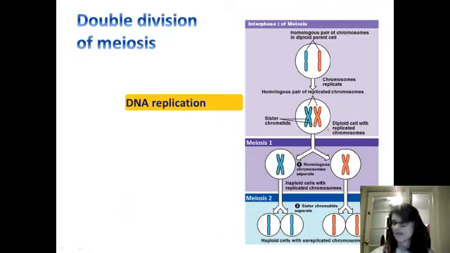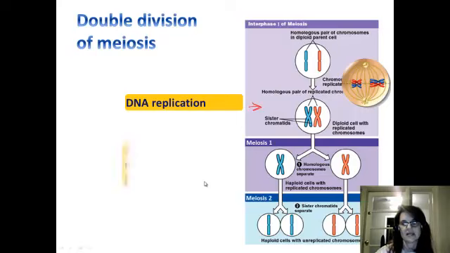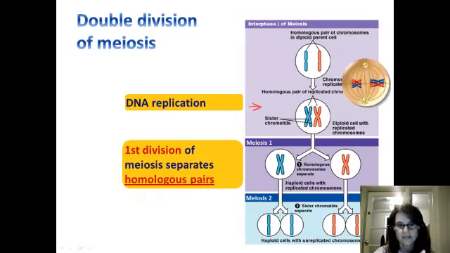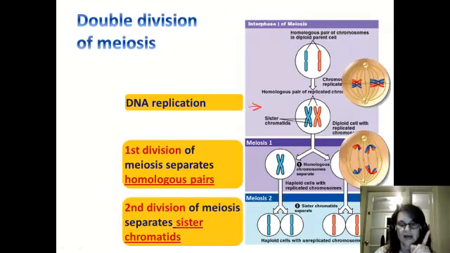So we have this DNA replication, because that's what we're stuck with, and then we're going to divide the cell once. We're going to separate the homologous pairs that we've seen, and then we're going to divide again and pull these chromatids apart. So here in the first division, we're going to separate homologous pairs from each other, and then in the second division, we're going to just pull the chromatids apart.